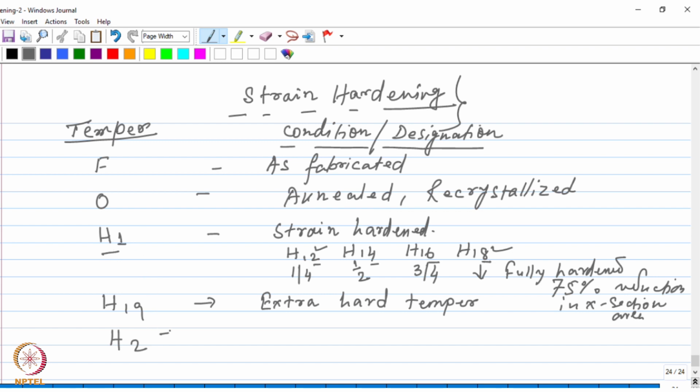H2 basically indicates strain hardened first more than the required, and afterwards it is reduced.